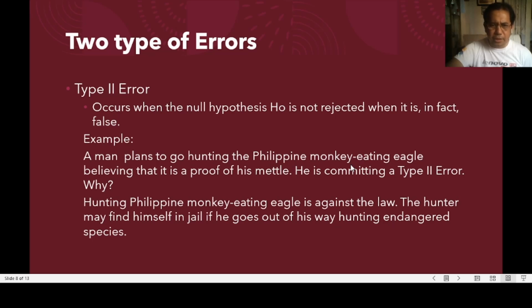So why type 2 error? Because hunting the Philippine monkey-eating eagle is against the law. The hunter may find himself in jail if he goes out of his way hunting endangered species. That is the very reason why that is considered a type 2 error.